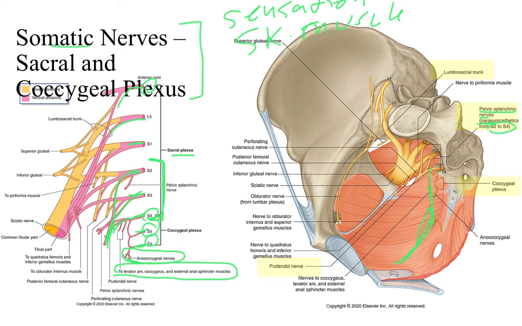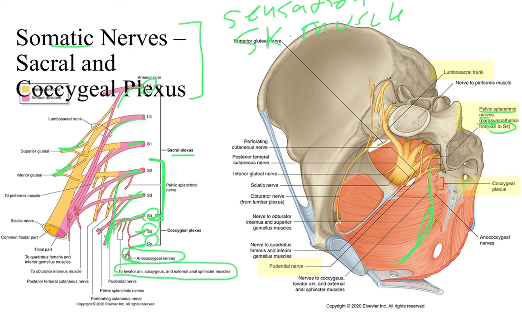Finally, if you notice, all the smaller branches coming off of the sacral and coccygeal plexus are going to muscles that are within the pelvic cavity or within the pelvic region or the hips, such as the superior gluteal, inferior gluteal, and so on.